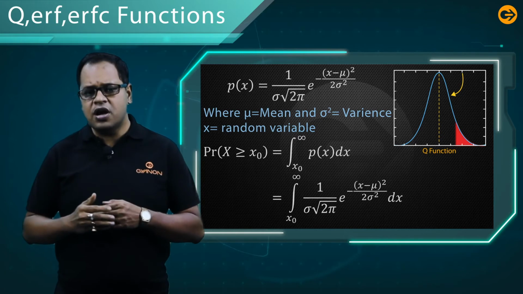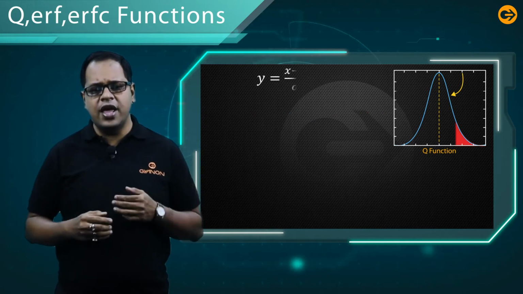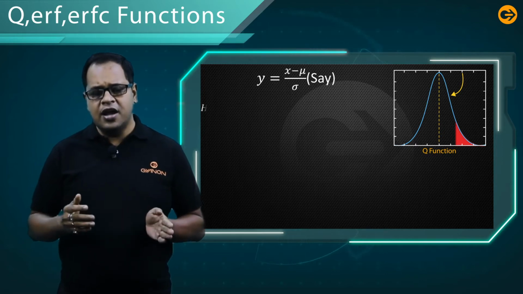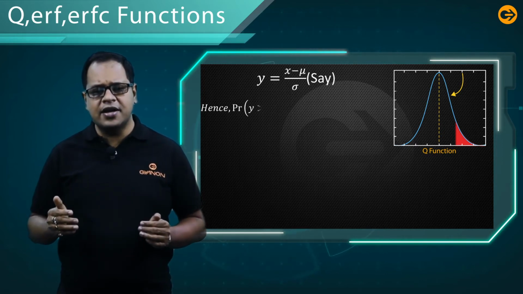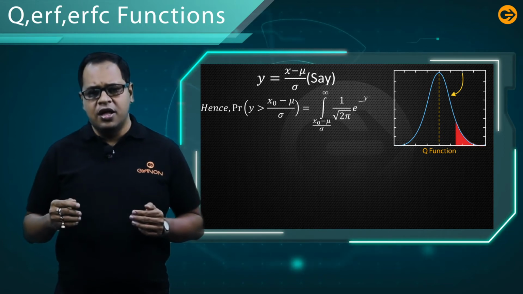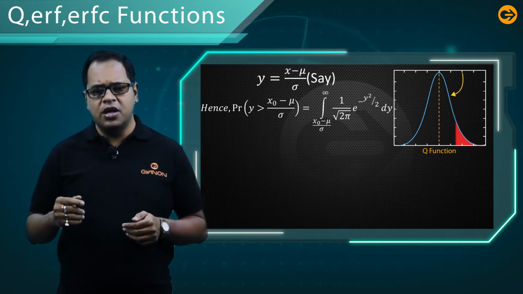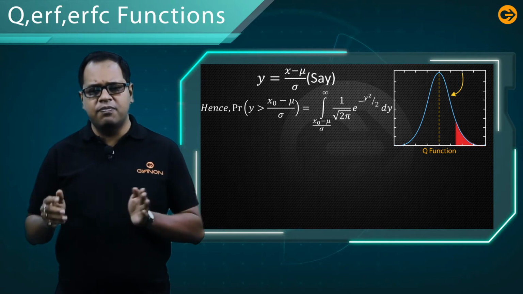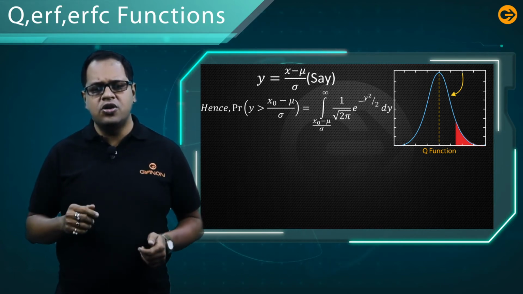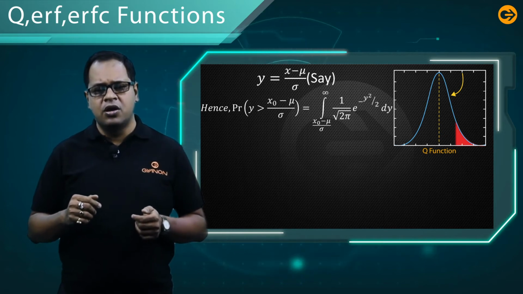Now, if you consider y = (x minus mu) by sigma, then the probability P(Y > (x0 minus mu) by sigma) is equal to the integral from (x0 minus mu) by sigma to infinity of 1 by root 2 pi, e to the power minus y square by 2, dy.